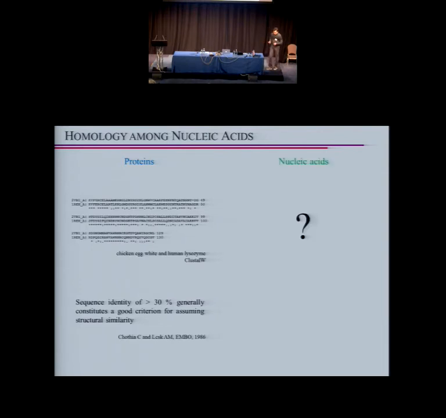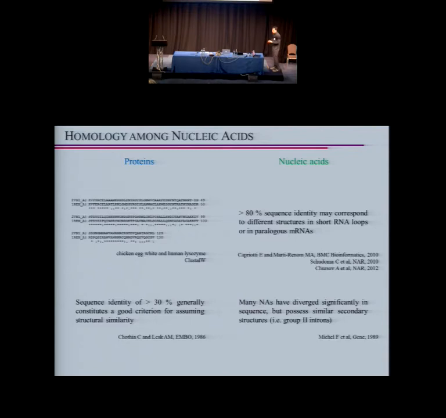And is that also true for nucleic acids? Probably for nucleic acids, we have to say that the situation is much more complicated and needs to be discussed in a deeper level of detail. For instance, there are RNAs that possess higher than 80% sequence identity but assume different tertiary folds.